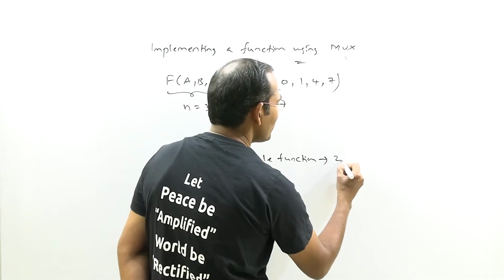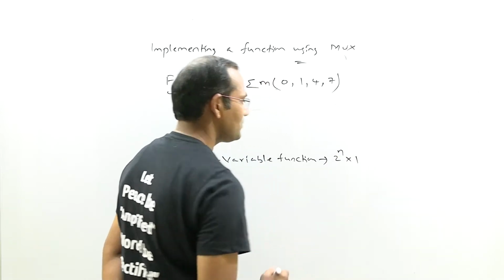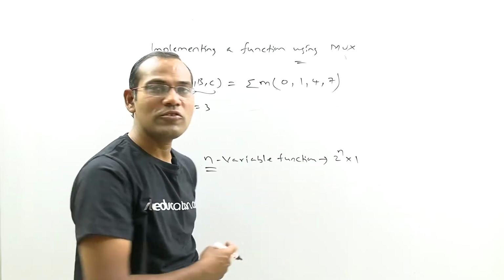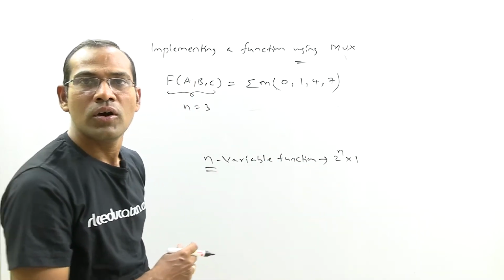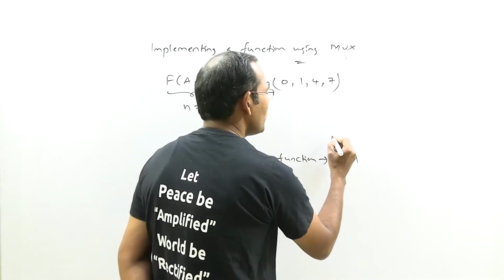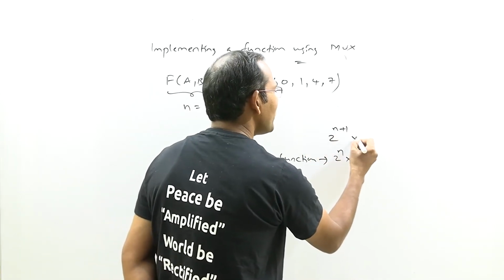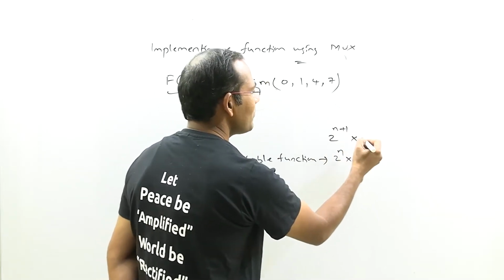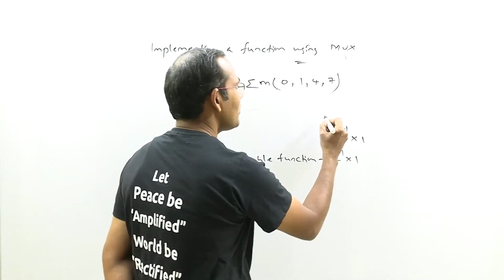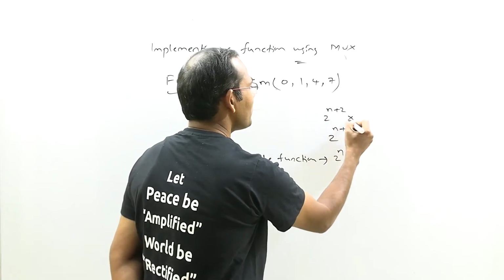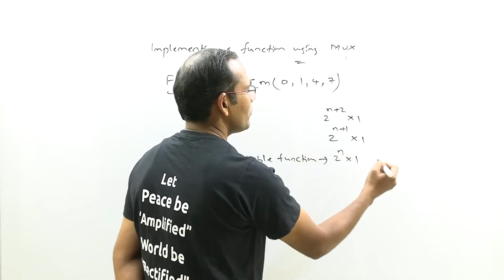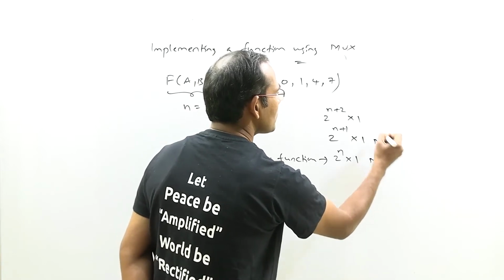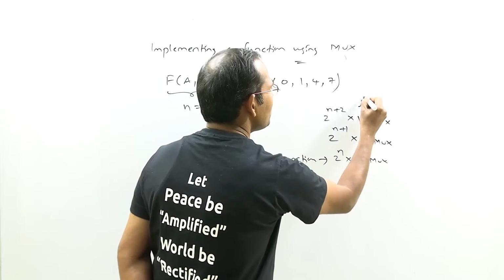Whenever you go for a 2 power n by 1 mux for an n variable function, I want to design that using a 2 power n by 1 mux, or a 2 power n plus 1 by 1 mux, or a 2 power n plus 2 by 1 mux, and so on. There is no limit for it.